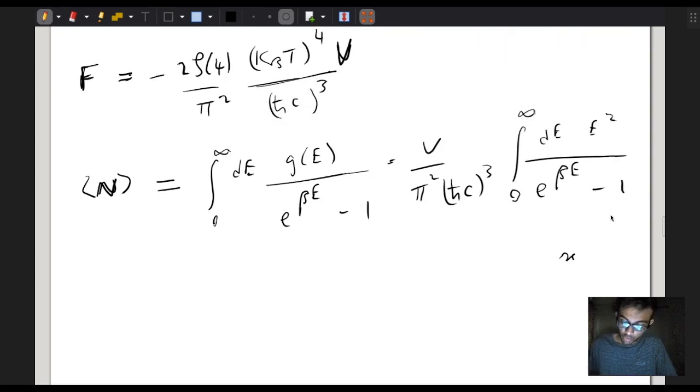Now we can write this using this expression for the density of states. Finally, making this change of variable, we would get for the Bose integral g3 of 1, bringing all the constants together, Riemann zeta of 3 times gamma of 3, which is 2.